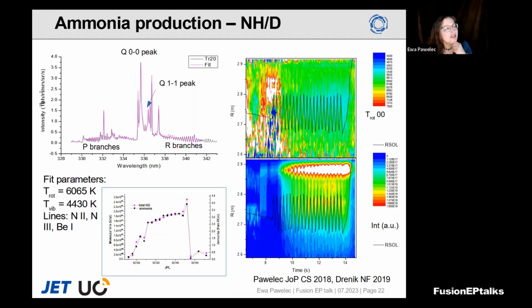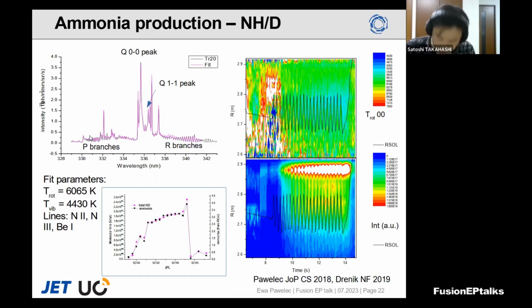The NH peak is relatively thin. You can see here it is around 2 nanometers. I think the N2 would be somewhere here. So 2 nanometers probably would cover the peak and exclude the other. I see. 2 nanometers. Thank you very much.